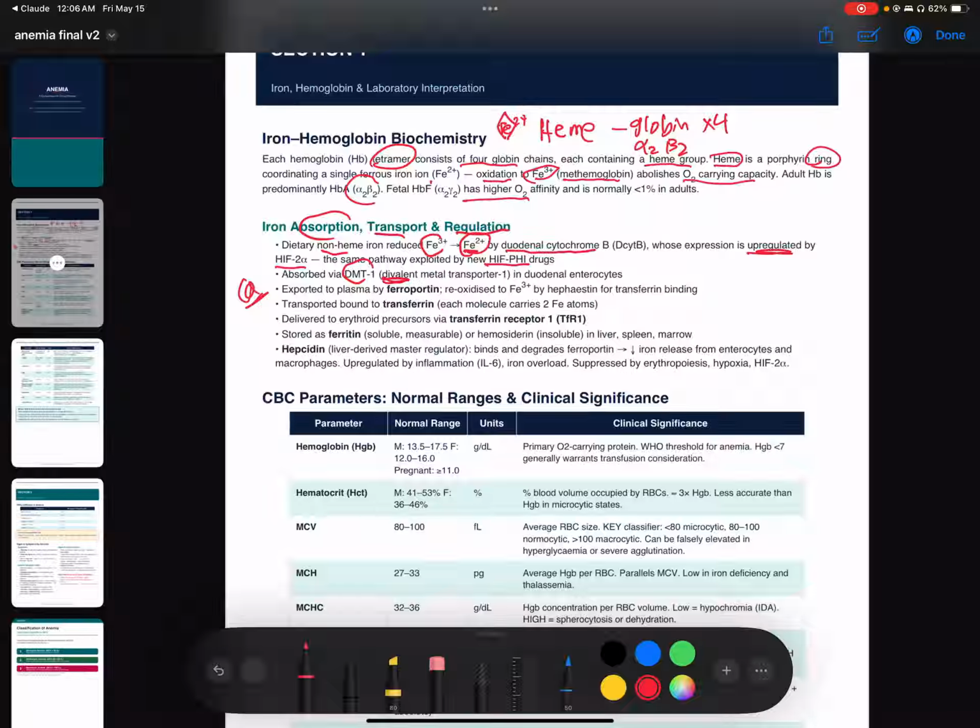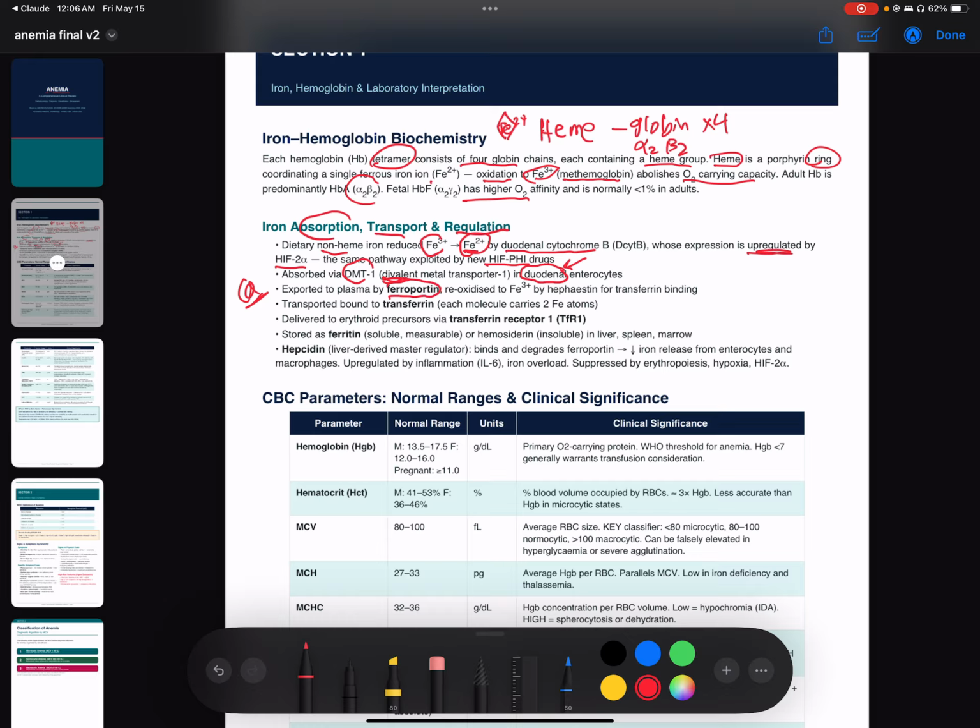And these transporters are expressed in the duodenal enterocytes. The duodenum here is important because any GI pathology that would affect the duodenum would cause a decrease in iron absorption.